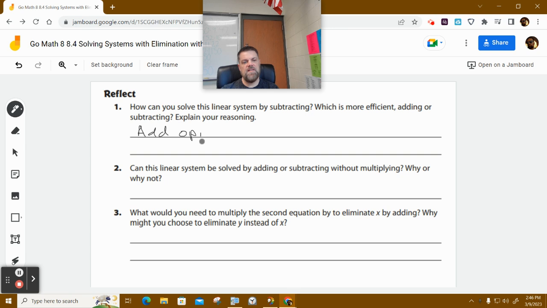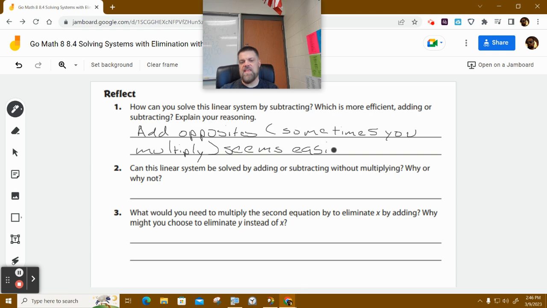And we should probably preface that sometimes you have to multiply, so put sometimes you multiply. So adding opposites seems easier. And I'm just going to leave it at that.